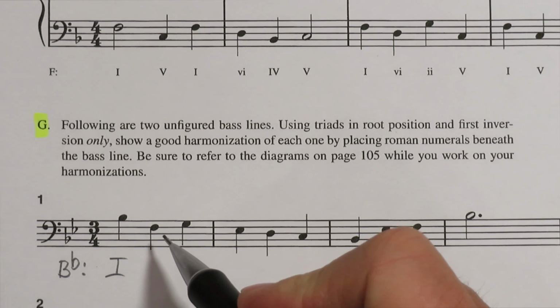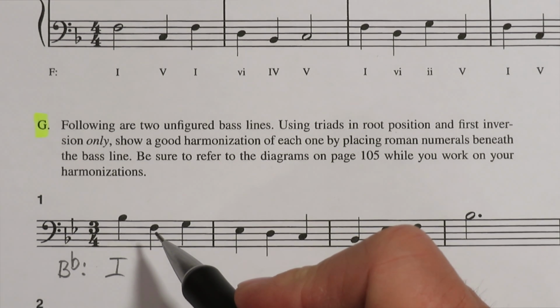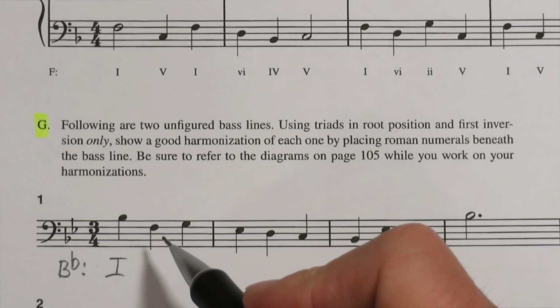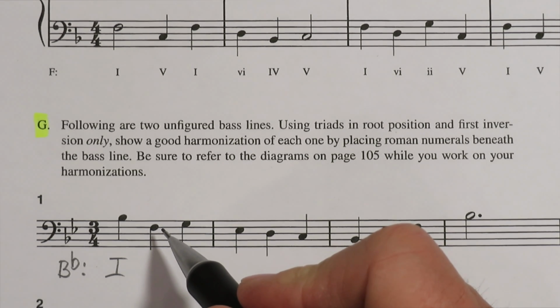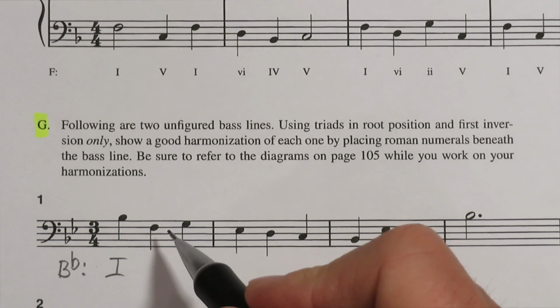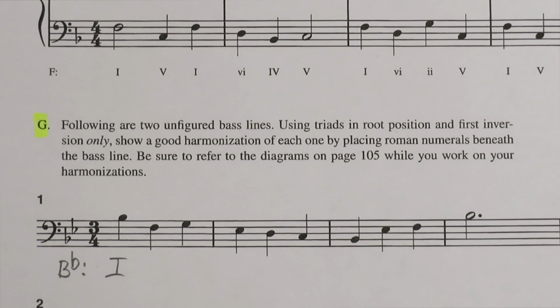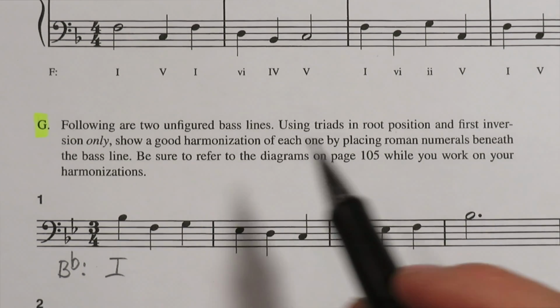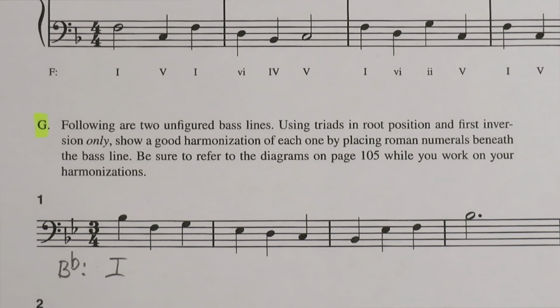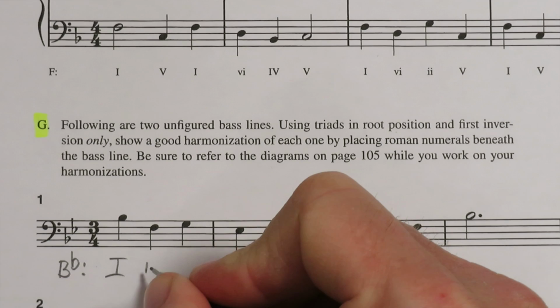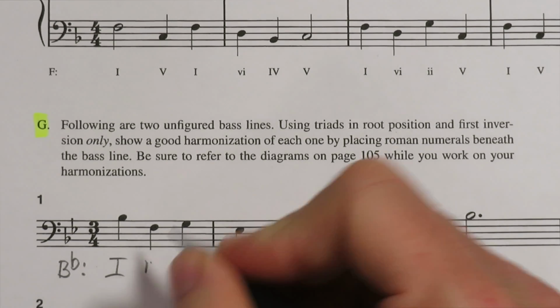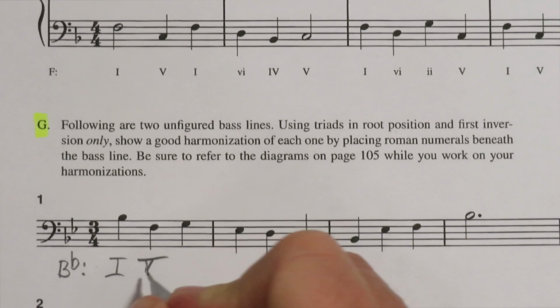Let's see, what other chord could that be? So you'd have to have the D in it. So the D minor, the 3 chord, the B flat major, or the G minor. That'd be the 5th of the G minor. But we're only supposed to use root position and first inversion. So let's go ahead and go with the 5.